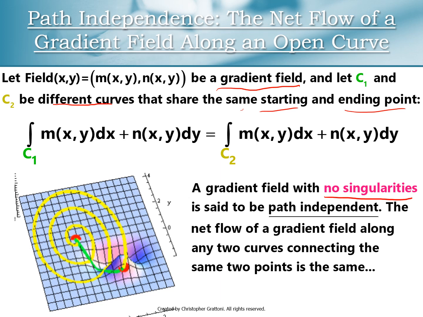If you go straight from the 1st floor to the 5th floor, versus your friend maybe got confused and went all the way up to the 50th floor and then walked back down to the 5th floor, well, the amount of work you did is the same if you both started at the 1st floor and you both ended at the 5th floor. It doesn't really matter what path you took to get there. The amount of work that you did was the same at the end of the day. So this is an idea that you'll see come up in a physics class as well.